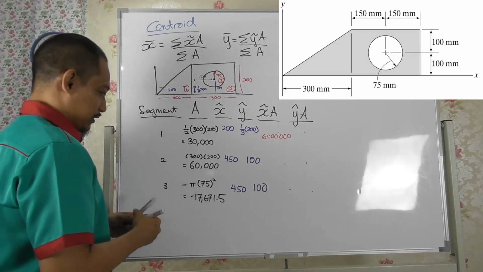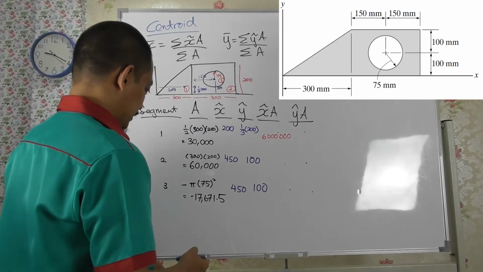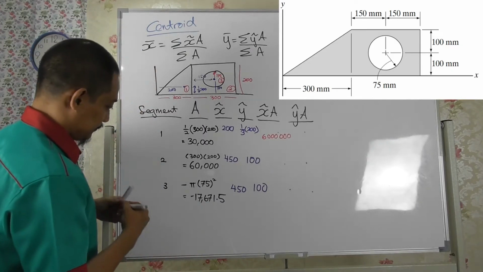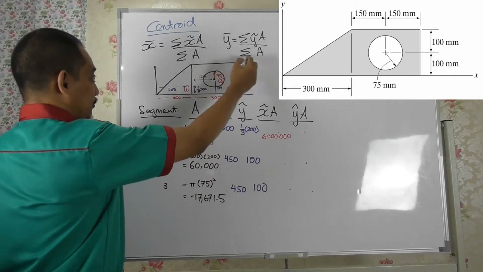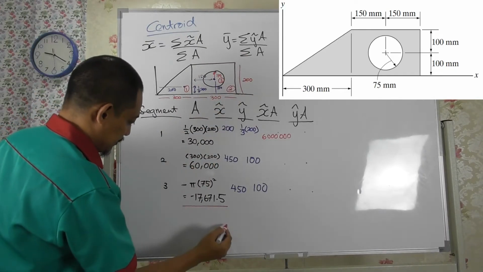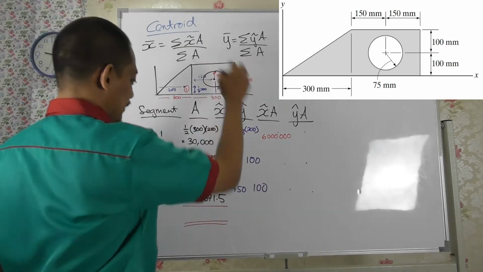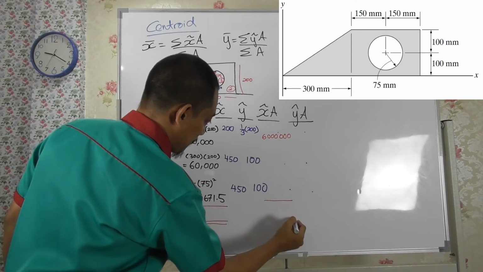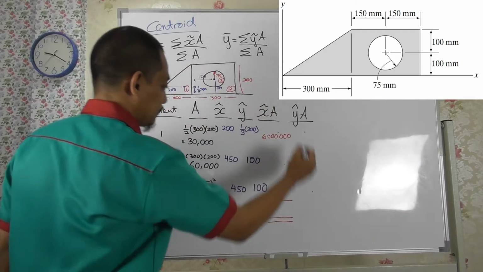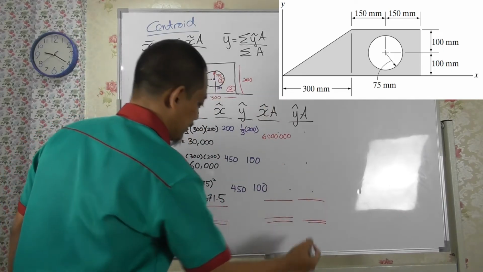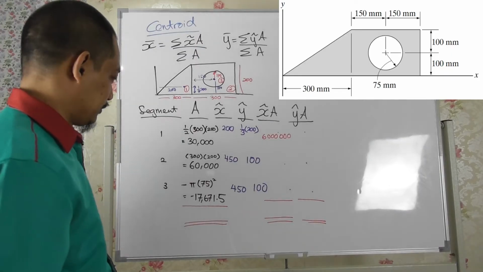So based on those calculations, then you can calculate what is here. What we need is summation of A, which is here, and then you need summation of XA and also summation of YA here. So it's just adding up.